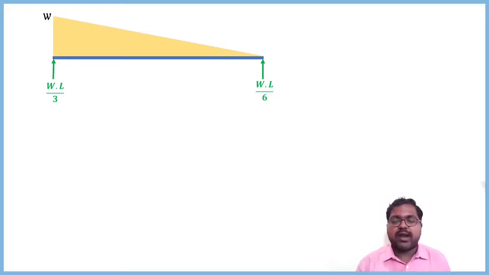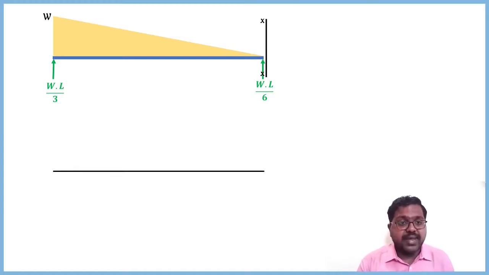Now we are going to find the shear force diagram. So for that I am considering the section XX. Now I am taking the baseline AB to draw this shear force diagram.